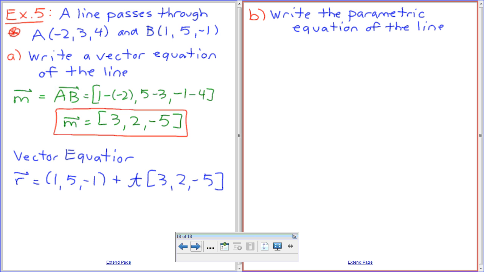Would you be brave, please, and give me the x component of this? What's the x coordinate of this? Good. Instead of 1 and 3, it's 1 plus 3t, because there happens to be a t multiplied by it as well.